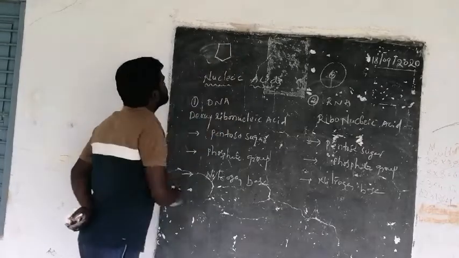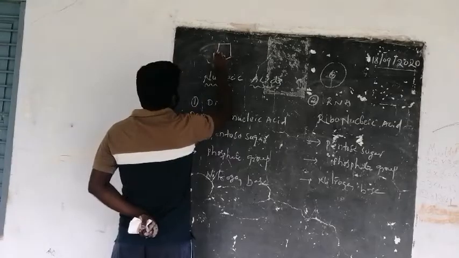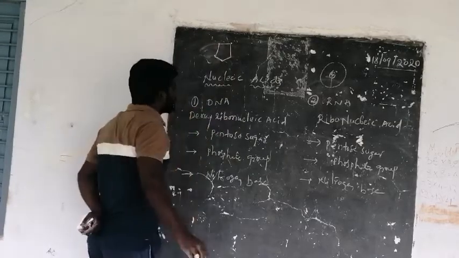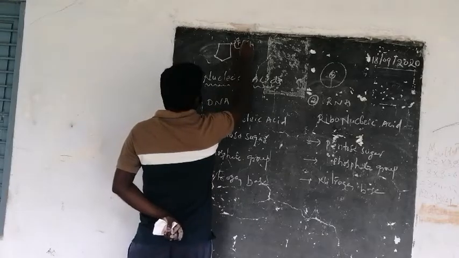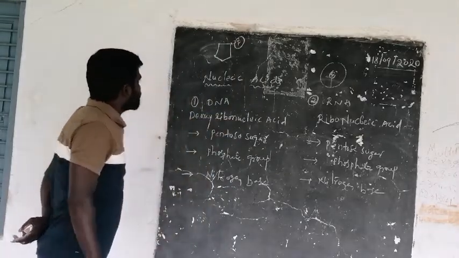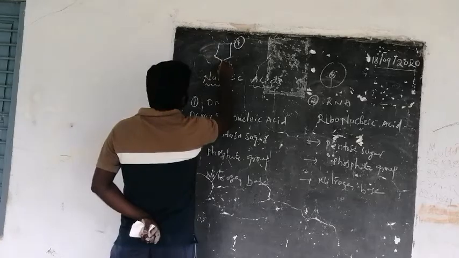The pentose sugar means a 5-carbon sugar, 1, 2, 3, 4, 5 carbon sugar, and a phosphate group and a nitrogenous base.